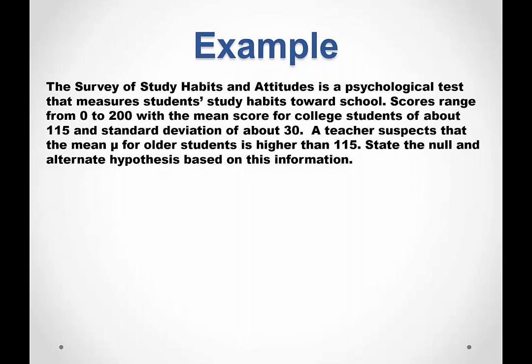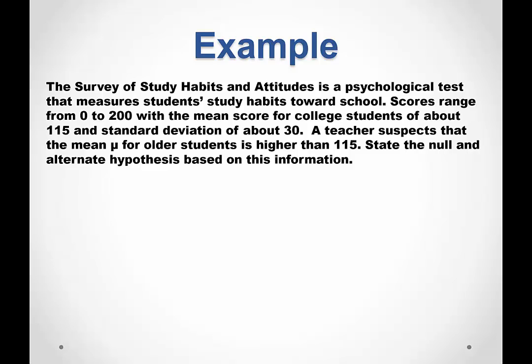So we're going to go through a couple examples, and we're going to write out the null and the alternate hypothesis for each one of these. In this particular example, we have the survey of study habits and attitudes of students toward school.